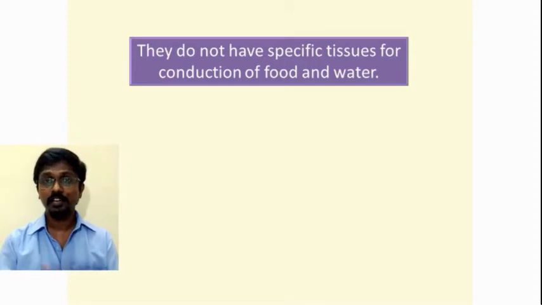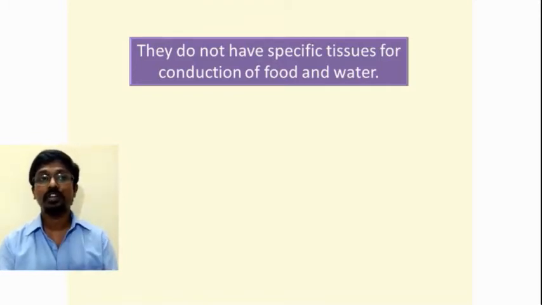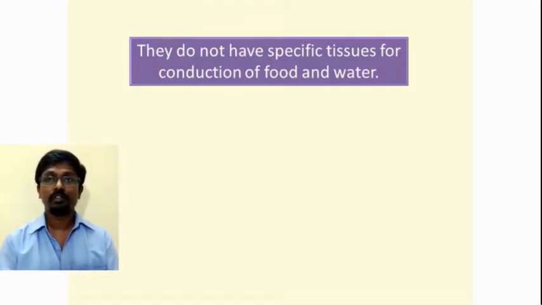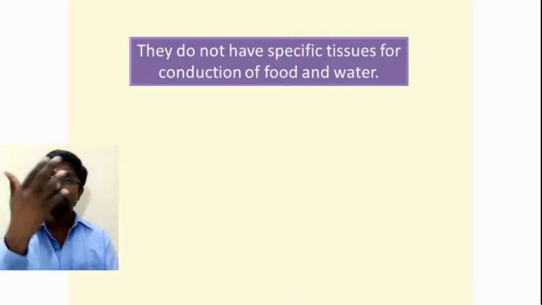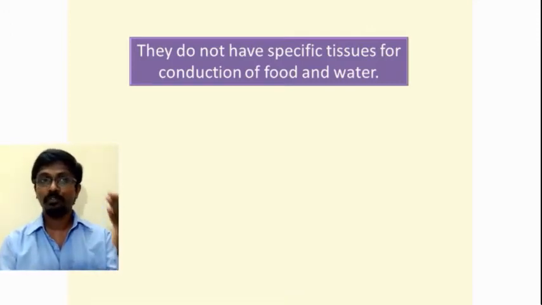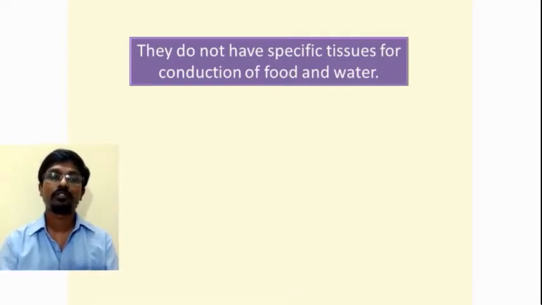Because in the next lesson, we will be studying about little evolved plants which have differentiated xylem and phloem, which are used for conduction of water from ground to the leaves, and food from leaves to the roots. That's why we are seeing that this is not yet evolved to develop those kinds of tissues.